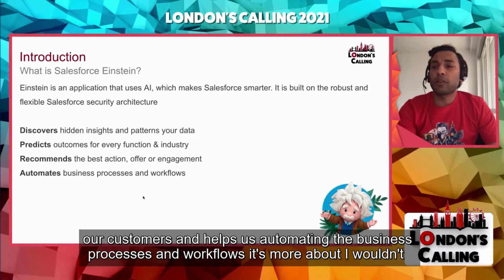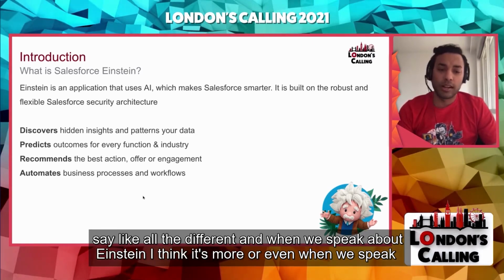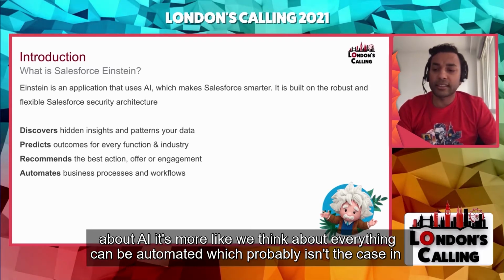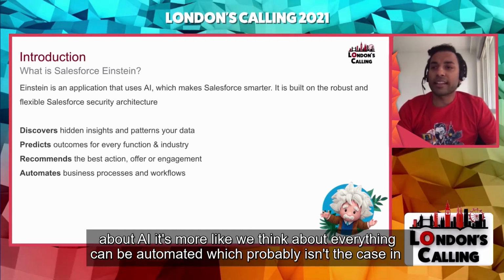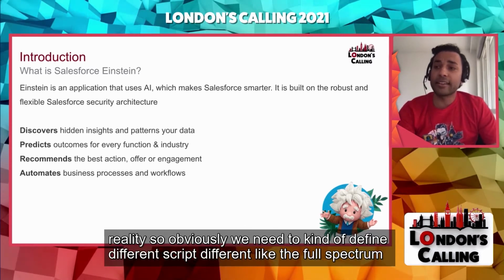When we speak about AI, we think everything can be automated, which probably isn't the case in reality.